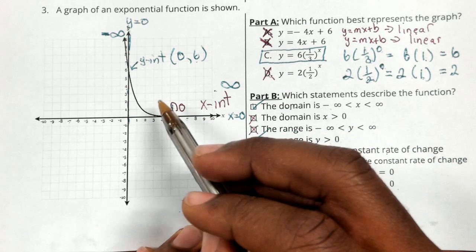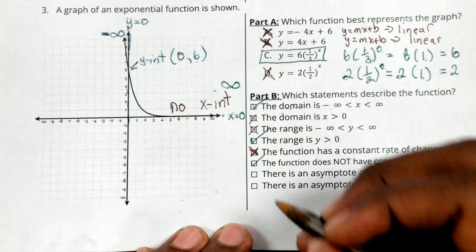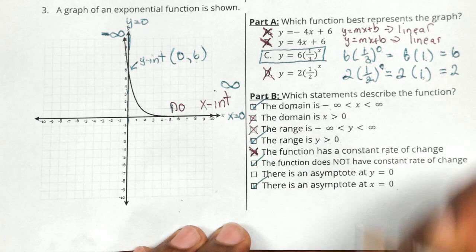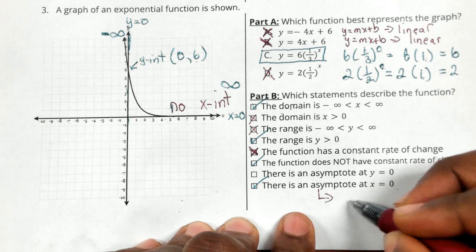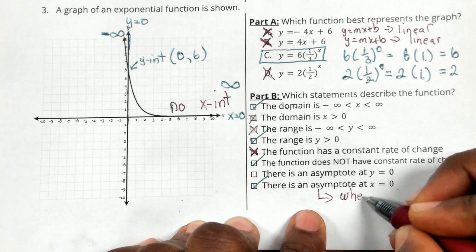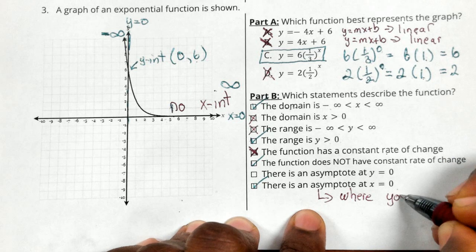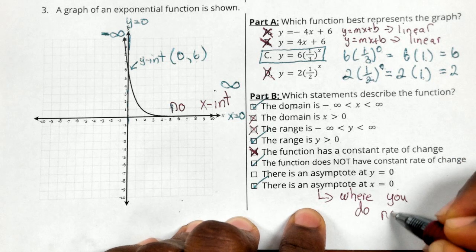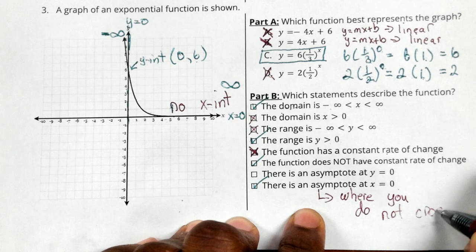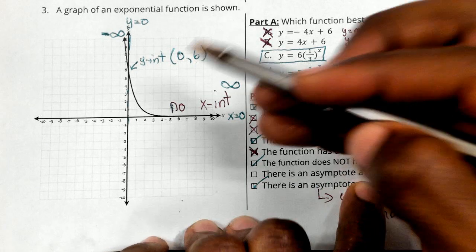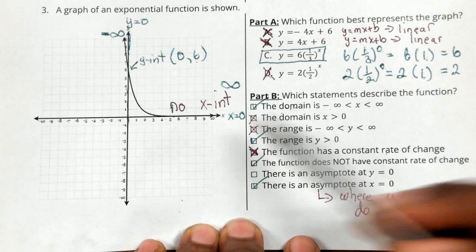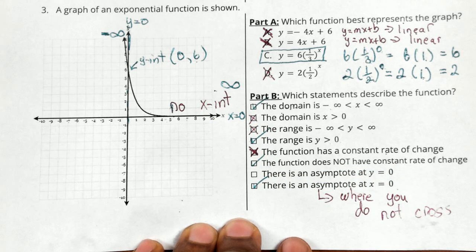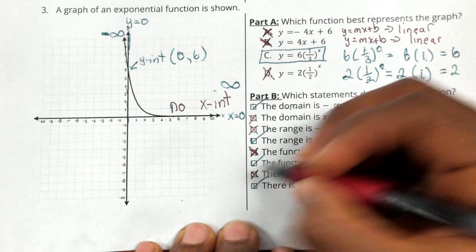No. Because we're looking at where we're not crossing, that would be the asymptote. The asymptote is where you do not cross. I crossed y equals 0, but I did not cross when x equals 0, so that's why it is an asymptote. This option is incorrect.